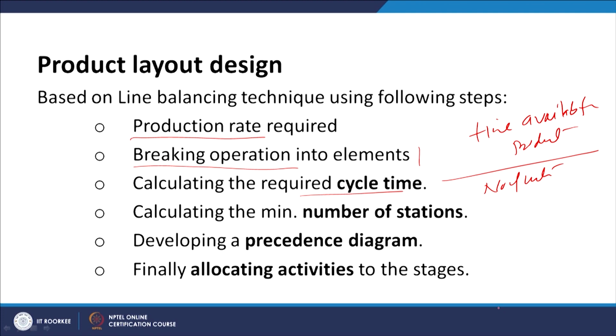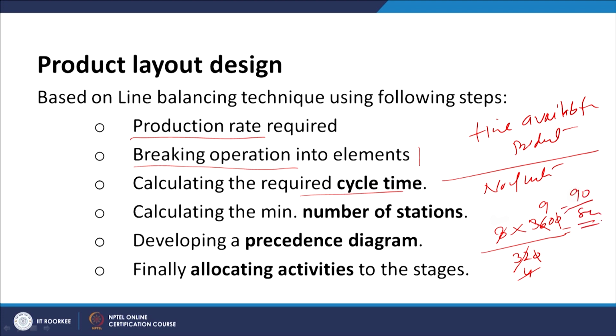So, if we consider the number of units to be produced are 320 per day, and in a day we have a shift of 8 hours with 3600 seconds in each hour, then on division we get the cycle time, 90 seconds.